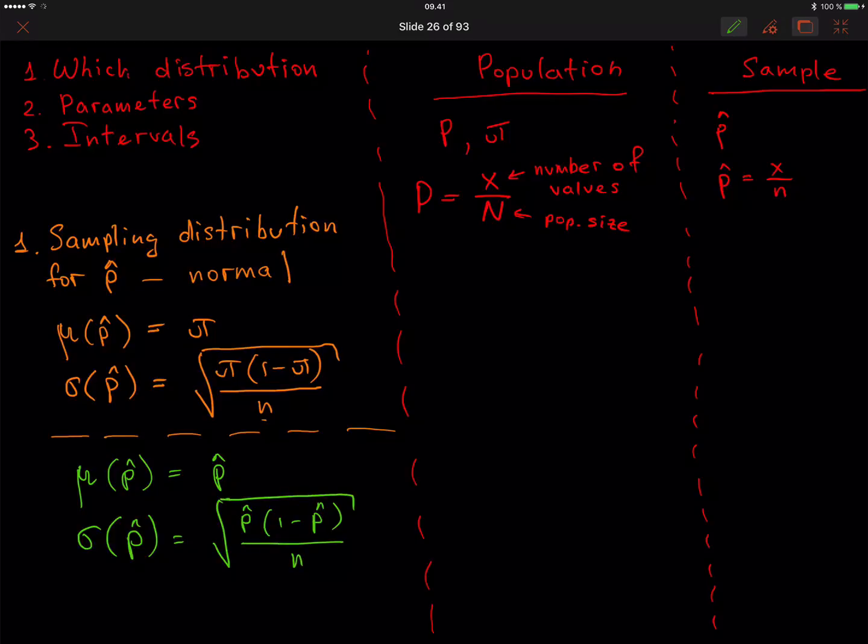Okay, but only if n times the proportion of the sample is equal to or larger than 10, and n times 1 minus the proportion of the sample is equal to or larger than 10. So what do these two values mean? It means that you need to have at least 10 members of the group and at least 10 non-members of the group.